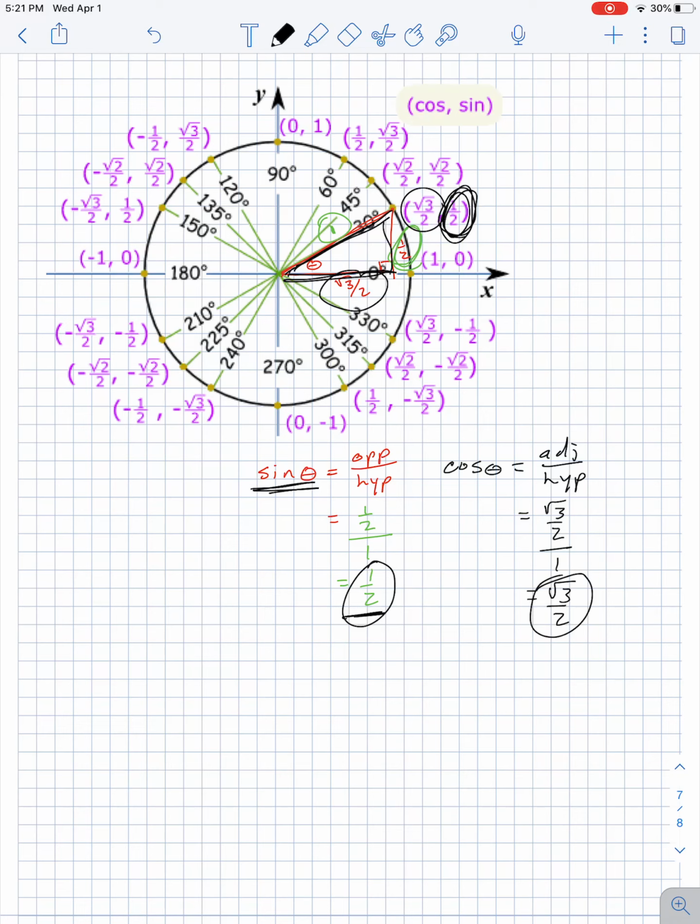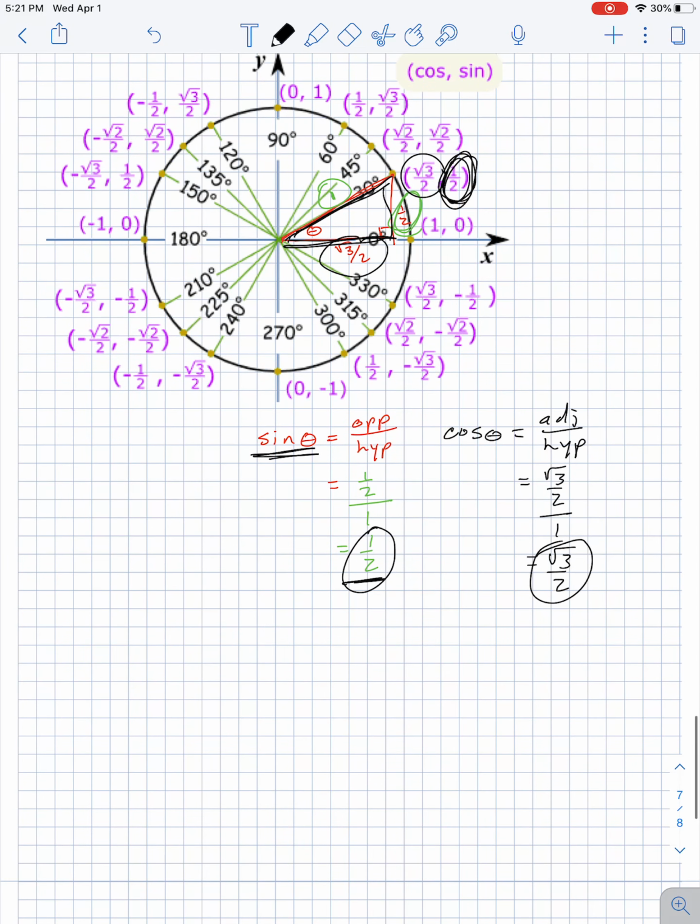So with this idea, we can redefine the trig functions. Instead of sine being opposite over hypotenuse, we can say that sine of theta, in terms of the unit circle, is the y-coordinate. And the cosine of theta is the x-coordinate.